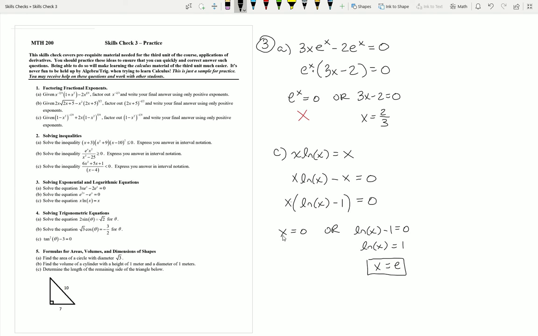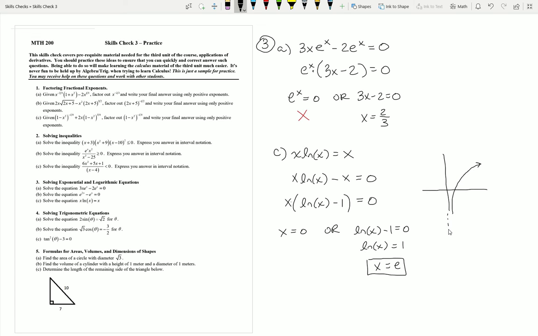But take a look at 0, because something interesting happens here. If I plug 0 in for all of the x's, I first have to compute 0 times the natural log of 0. Well, what's the natural log of 0? If I know my natural log graph, this is easy to determine.